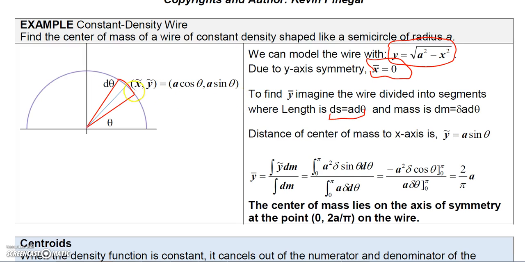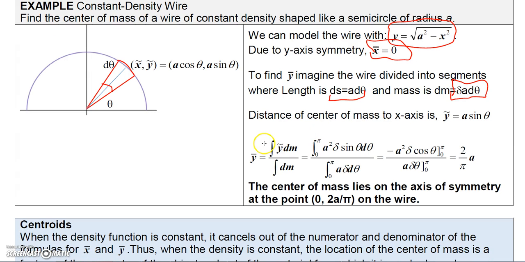Since we know that the length of an arc is the radius times the angle, we can say that ds is a times d theta, because d theta is this angle right here. So the length of the segment is a, the radius, times d theta. And then the mass is simply the density function times ds, so that's density times a d theta.